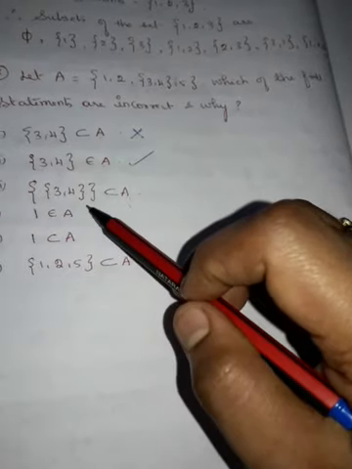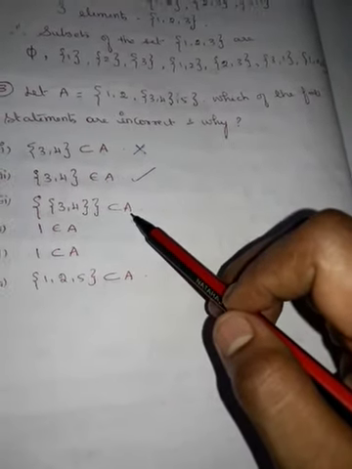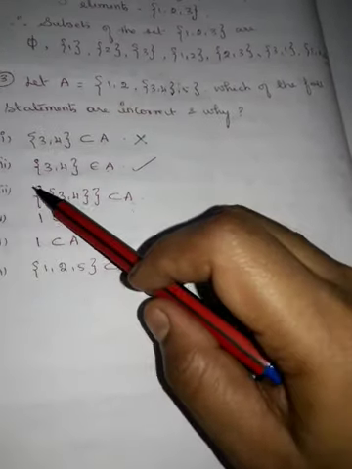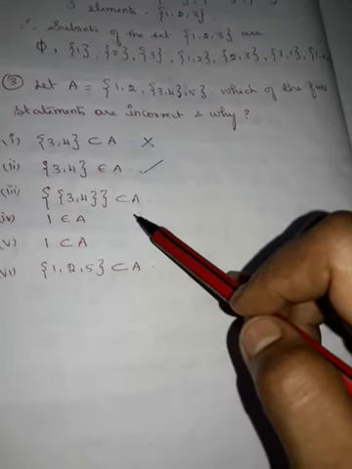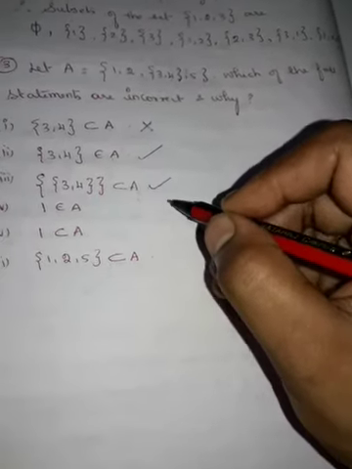Therefore, this comprises a set which is a subset of A. Now one element of A is written inside a set and hence it becomes a subset of A. Therefore it is true. Yes, this is correct.